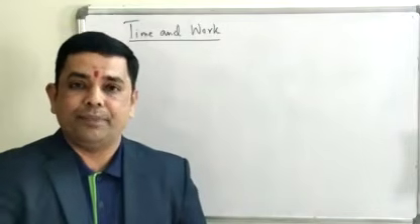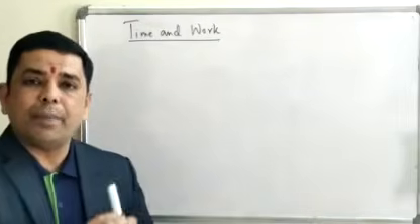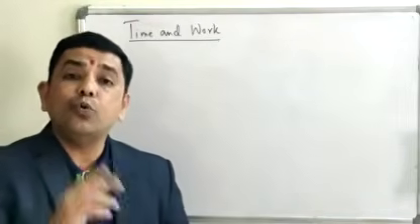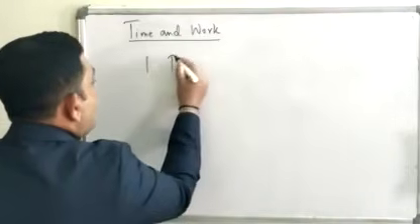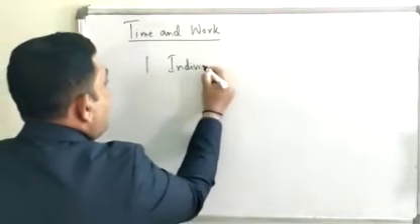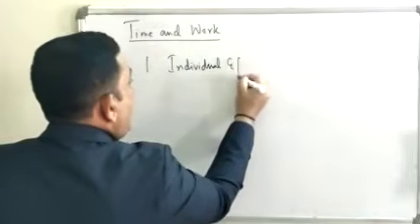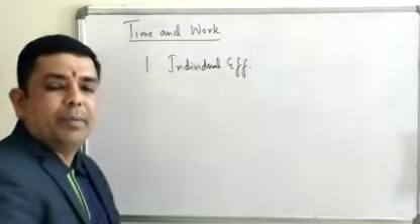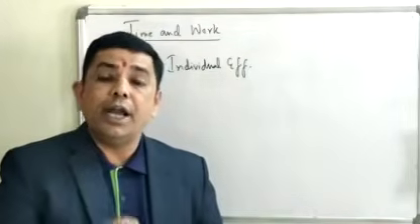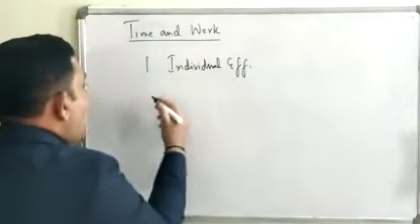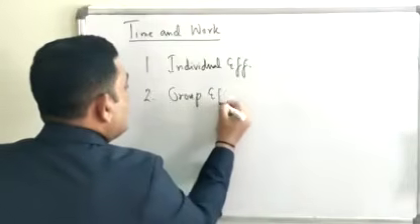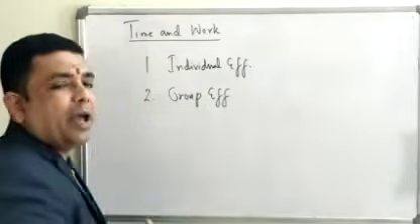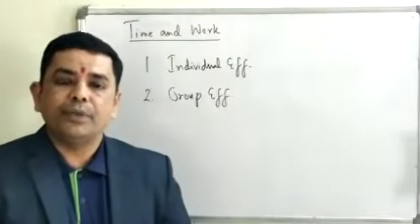Let us begin. If you look at this topic, there are usually two types of questions that will be asked. The first one is where individual efficiencies will be involved. Individuals are working. And the second type of questions are those where group efficiencies are involved.